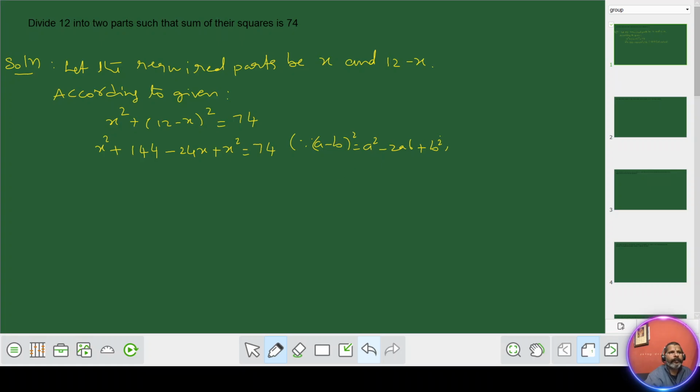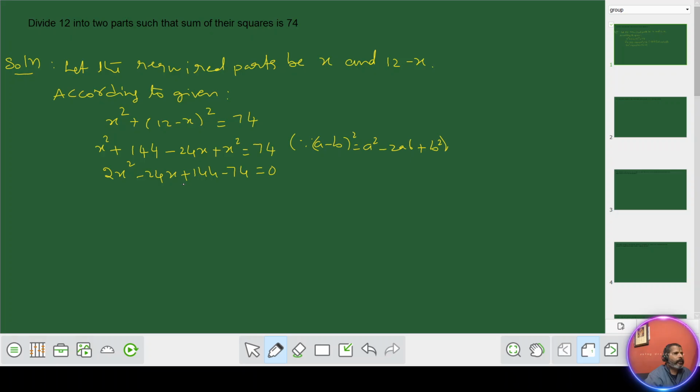Okay, then rearrange the terms. That is x square plus x square becomes 2x square. Let's write properly. 2x square minus 24x plus 144 minus 74 equal to 0.